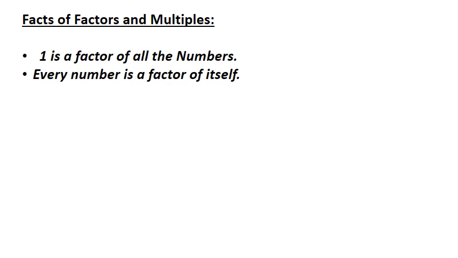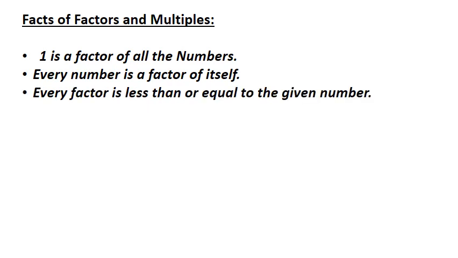For example, say 9. So 9 is a factor of number 9 itself because 9 can divide itself without leaving a remainder. So each and every number is a factor of itself. Every factor is less than or equal to the given number.